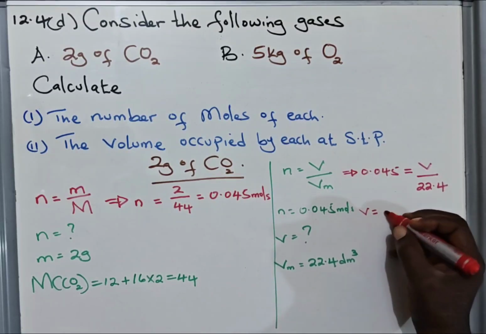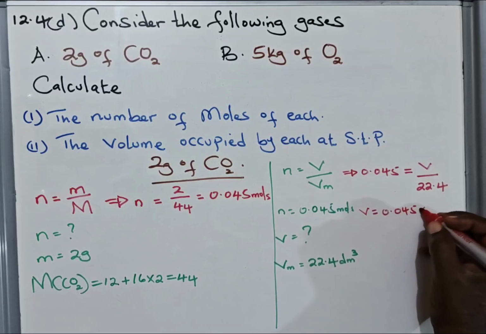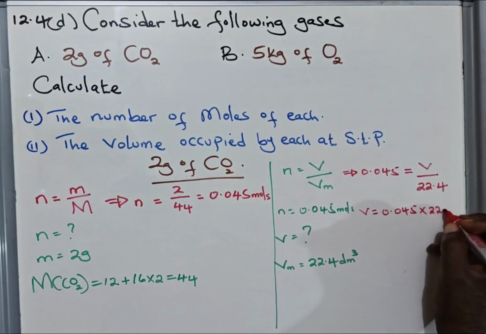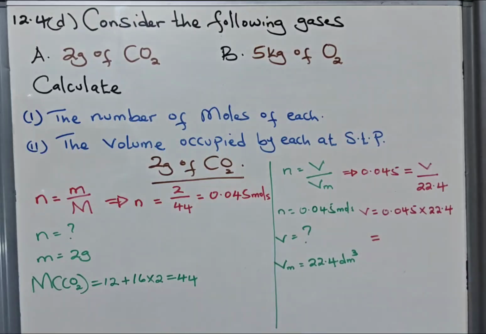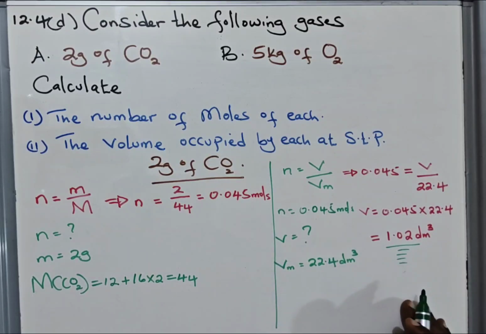You get V equals 0.045 times 22.4, giving us, that is it. So we have it here as 1.02 cubic decimeters.